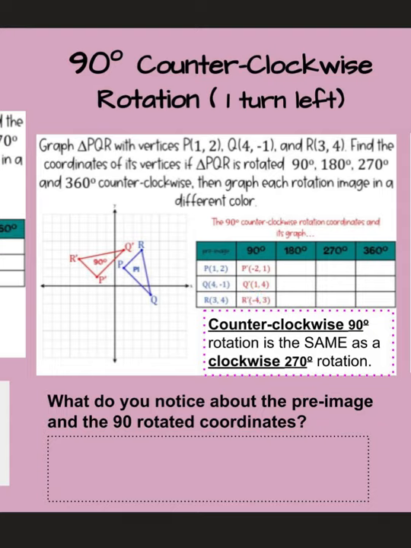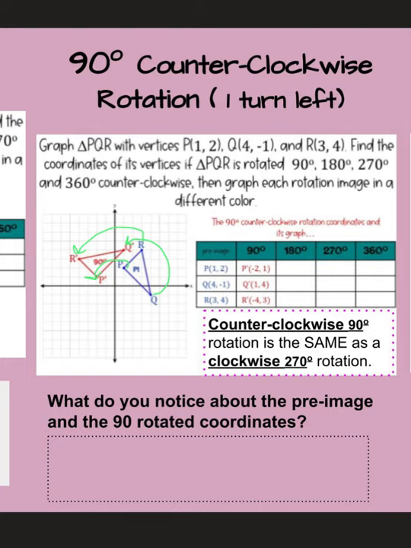Let's look carefully at what we have here. Our R went to the left one turn. And the P turned, and notice it went into the next quadrant. You can think of it moving into each different quadrant for each 90-degree turn that it makes.